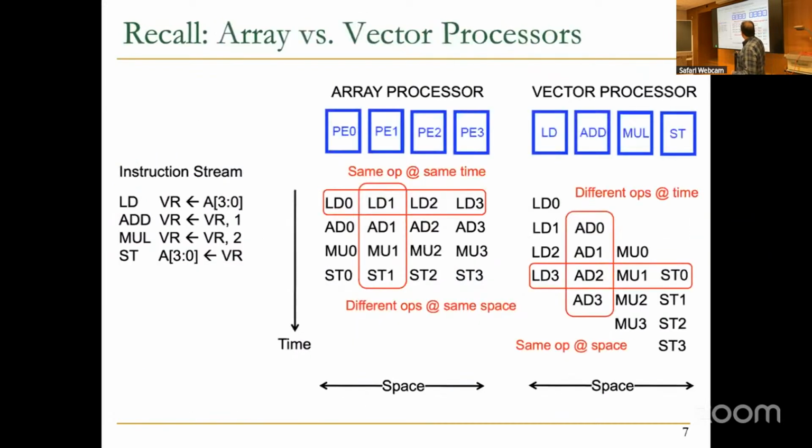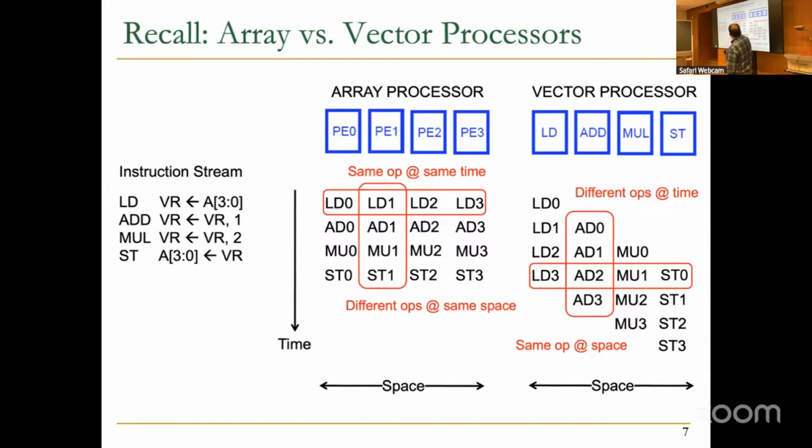So we talked a lot about array processor and vector processor. In an array processor, we have multiple processing elements, and each of them is quite heavy. I mean, they can do a lot of operations. And essentially, you can assign your instructions to each of these processing elements. So at each time you can do load operations in different places on different processing elements.